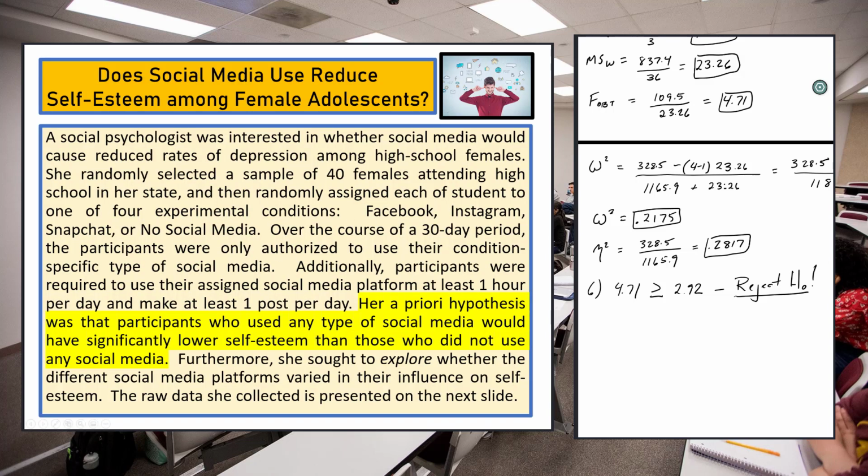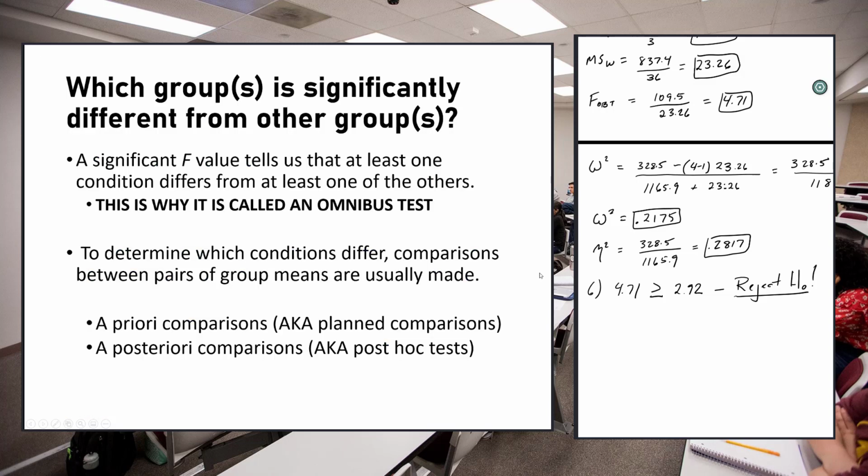So here was our original problem. And in this highlighted section, it says her a priori hypothesis was that participants who used any type of social media would have significantly lower self-esteem than those who did not use any social media. Okay, so we want to compare any type of social media use to people who don't use social media.